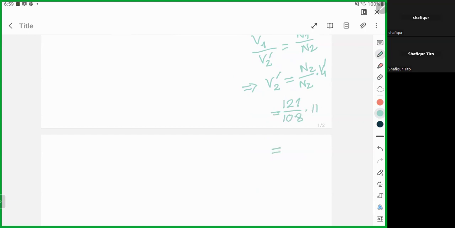So 121 divided by 10.8 times 11 will give us 123.24 kilovolt.